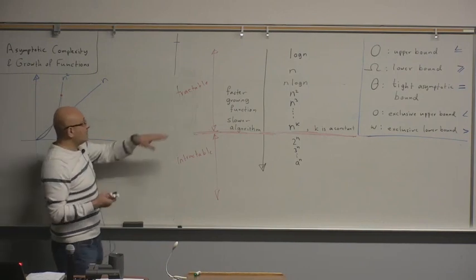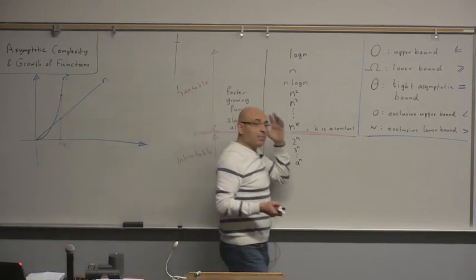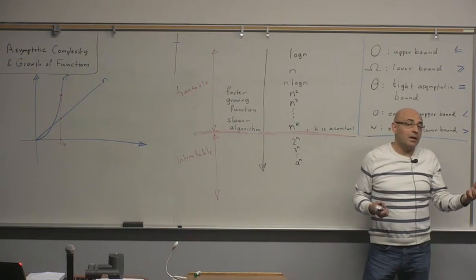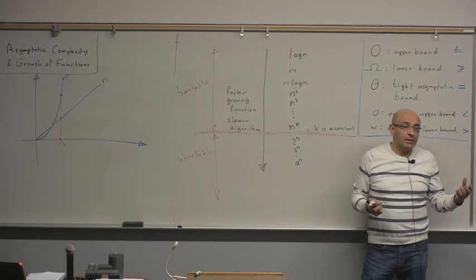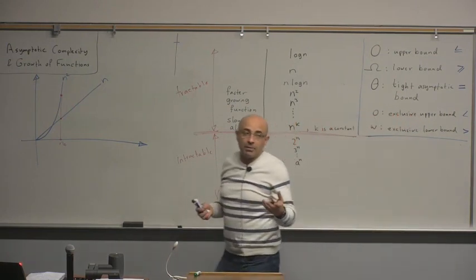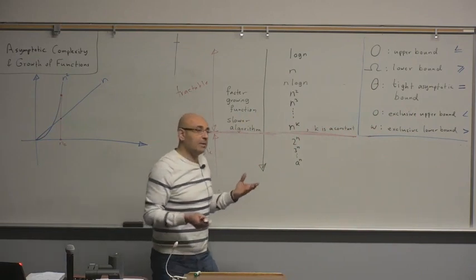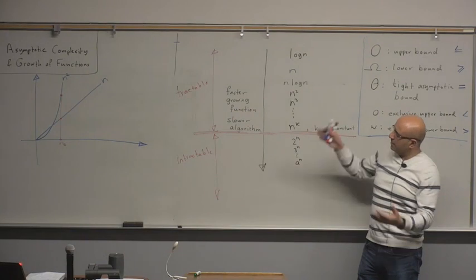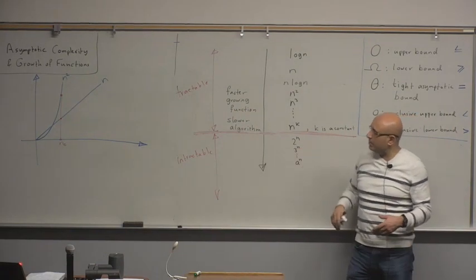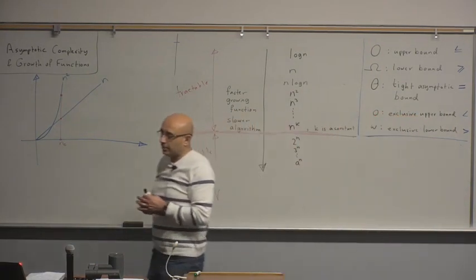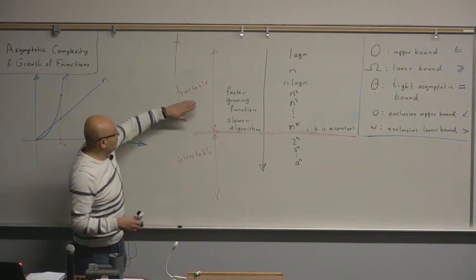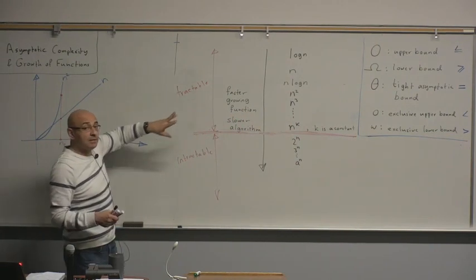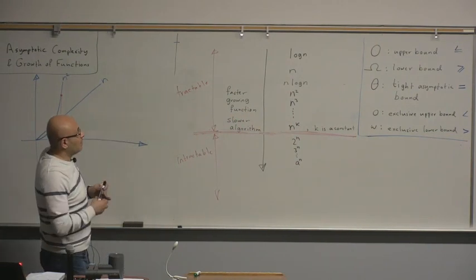And remember that when we say tractable or intractable, this is a property of the problem, not the algorithm. Okay. So a tractable problem is a problem that has a polynomial time algorithm. A problem that does not have a polynomial time algorithm is considered intractable. So this is a property of the problem, not the algorithm or the function.